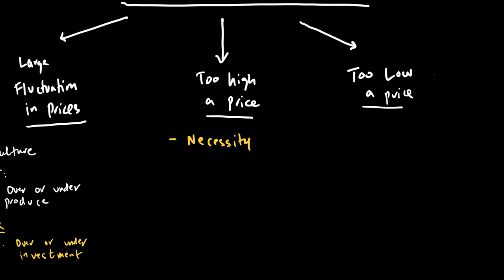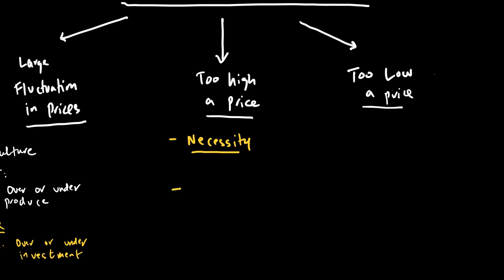For example, if it's a necessity like rice, education, and bread, where poor households are unable to afford to buy the good in sufficient amounts, we need government to intervene because the price is too high for the consumers. So sometimes when the good is a necessity, which is important for our survival, and is becoming expensive, there might need to be a government intervention to make the good affordable for consumers. So if it's a necessity, government may want to intervene.